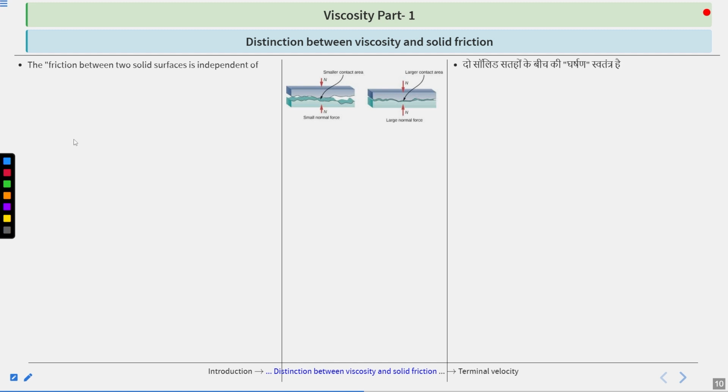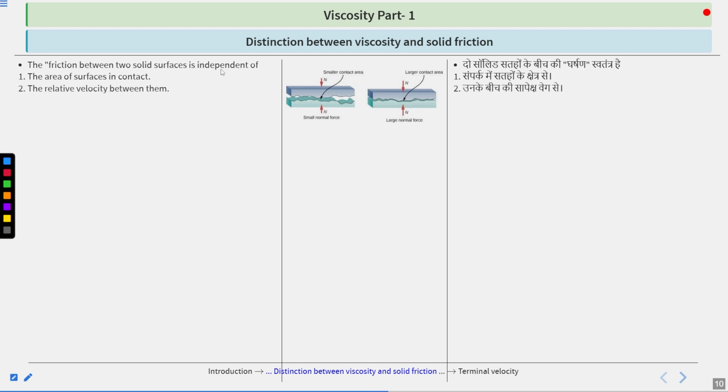The friction between two solid surfaces is independent of, now we are talking about solid friction, the area of surface in contact. That factor, which is particularly considered while considering viscosity, is not considered in solid friction. Why? Because solid friction is independent of it.